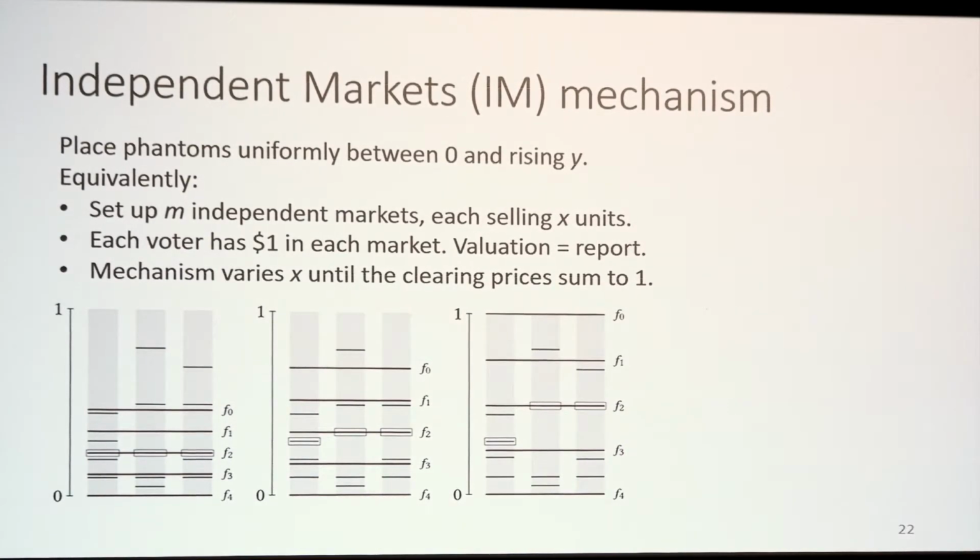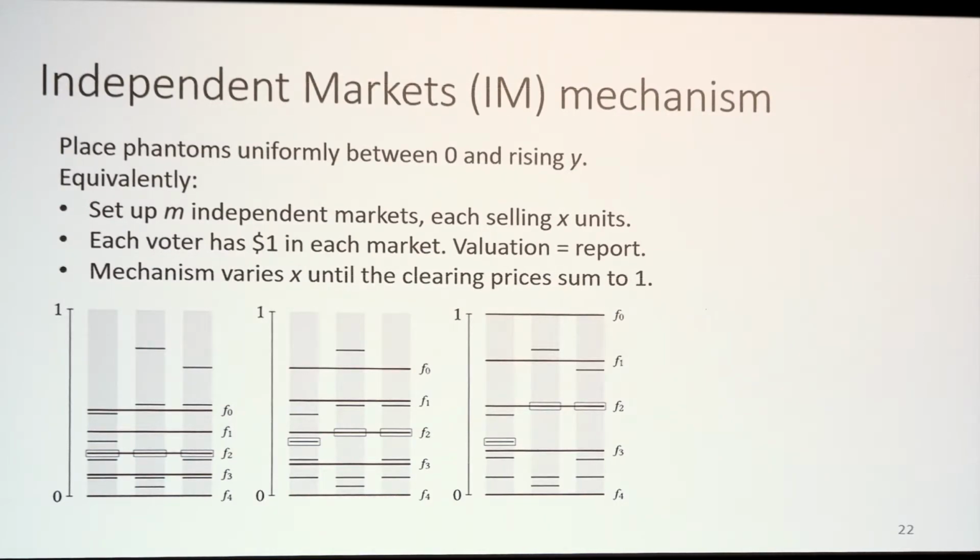So it's a good for project A, a good for project B, and so on. Each voter has $1 in the market, and the valuation that they have for the relevant good is their report, how much funding they wanted to give the relevant project. And then the mechanism is going to vary the supply. It can increase the supply to decrease the prices, or it can decrease the supply to increase the prices, and it will vary the supply until the clearing prices sum to 1.